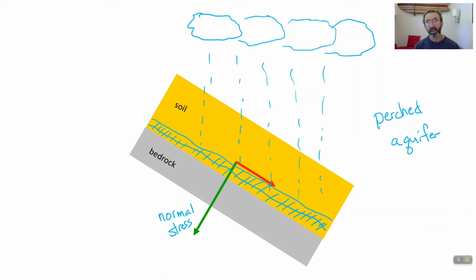And the reason for that has to do with the fact that water essentially makes things feel lighter because the water itself is bearing some of that weight. And so the same thing happens with water in soil. As water starts accumulating along the bedrock and it starts filling up the soil with water, the normal stress actually gets less and less.